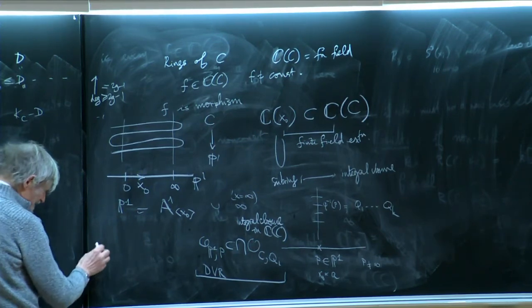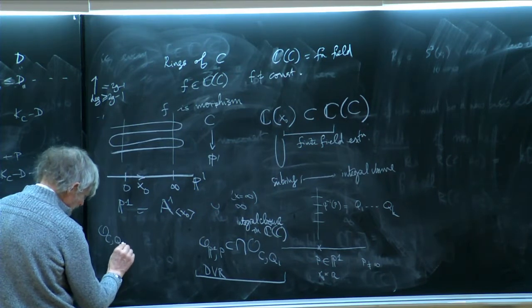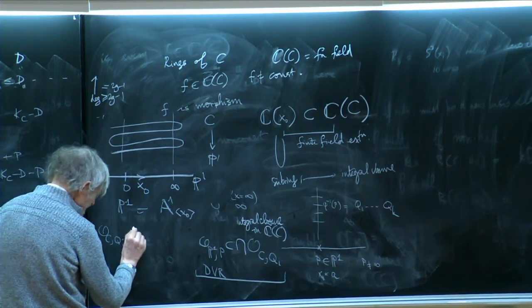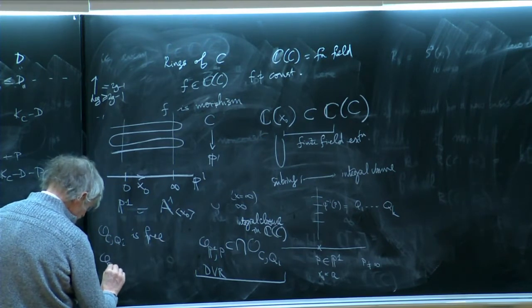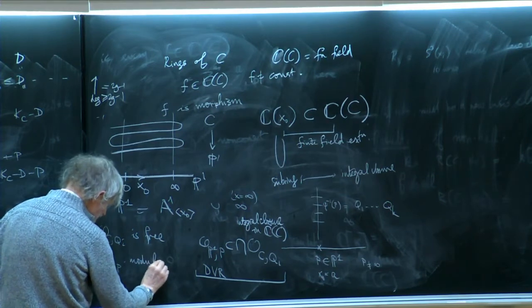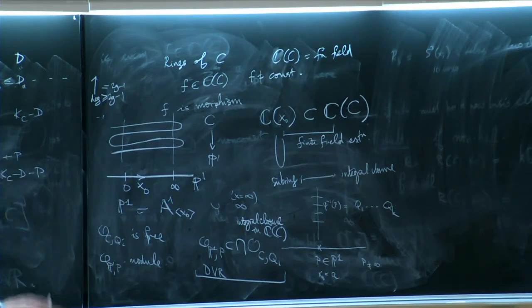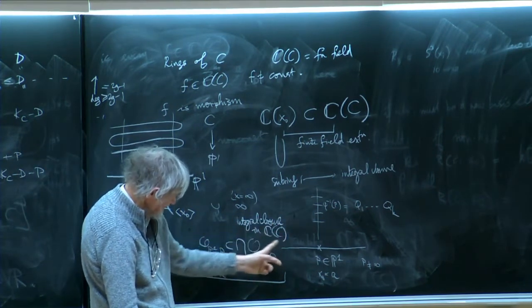And then as a result in commutative algebra, O_C,Q_i is a free O_P1,P module. Yes, I'm just saying modules over a discrete valuation ring. These are finitely generated modules because they're integral, because it's an integral closure.